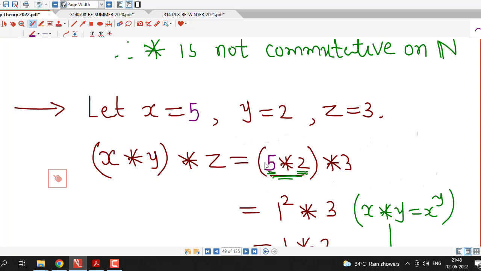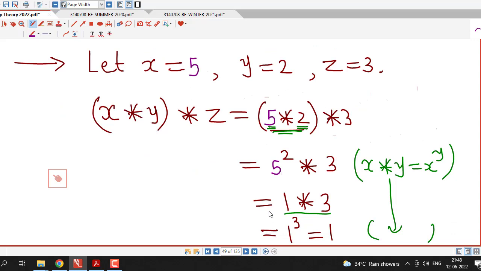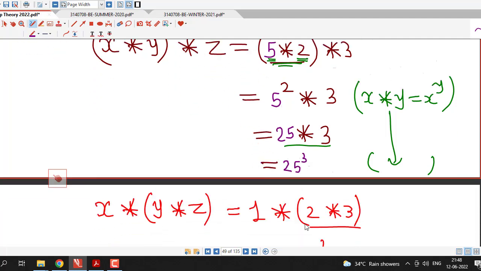So I have 5 star 2 star 3. 5 star 2 will be 5 raised to 2 by the definition. 5 raised to 2 is 25, so we write 25, and this is going to be 25 raised to 3. 25 star 3 is equal to 25 to the power 3, and we check for this.